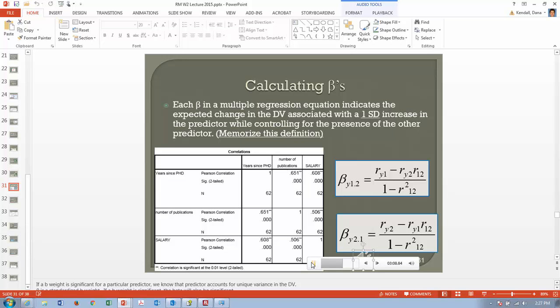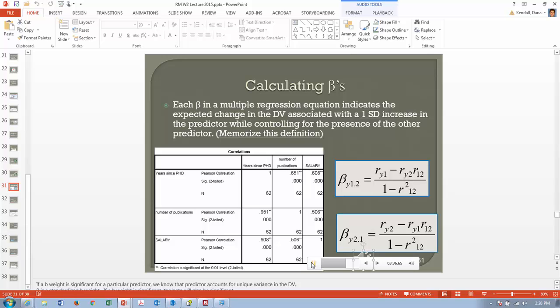So you can look at both and get those beta weights, and after you've done that, I want you to just look at this formula and become comfortable with it. Don't let it scare you. It's not scary at all. And just imagine what will happen when we increase the multicollinearity number. That's the R12, the correlation between the two predictors.